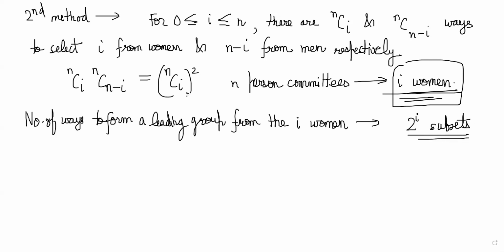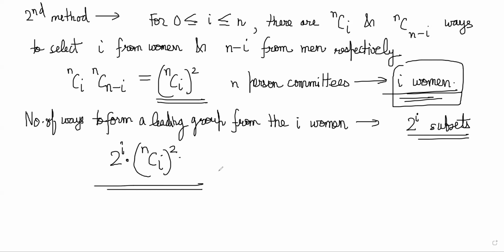So once you have formed the committee in this many ways, you can form the leading groups in this many ways, 2 power i. This is the total number of ways for a single value of i. If you sum it over i from 0 to n, you will get all possible ways of accomplishing this task. So in the second method, this is the total number of ways to do this.